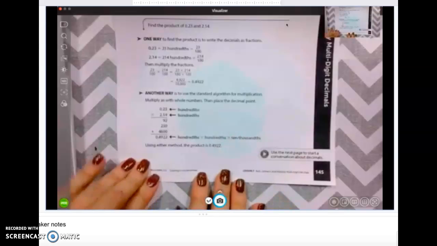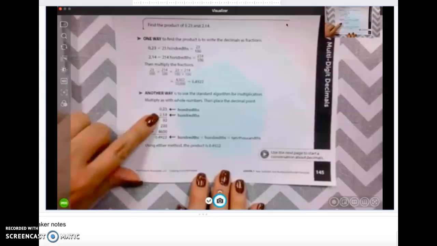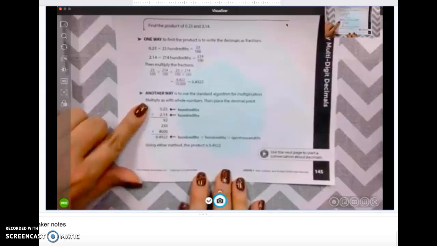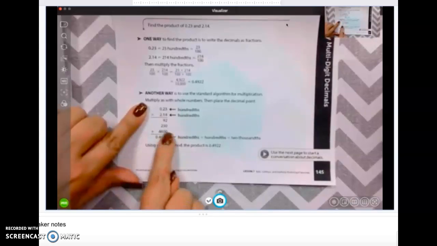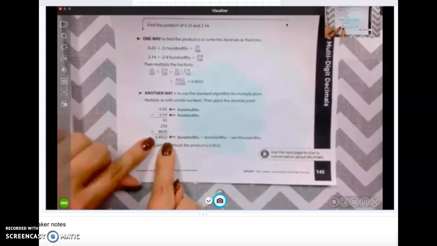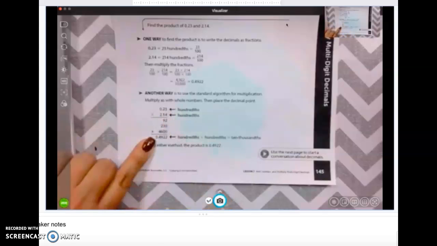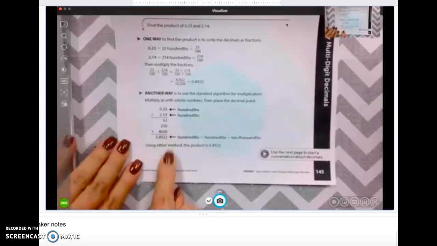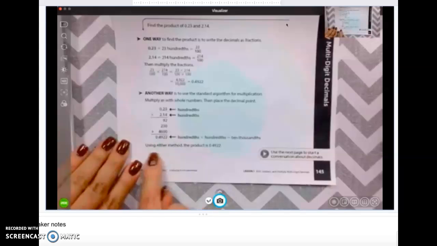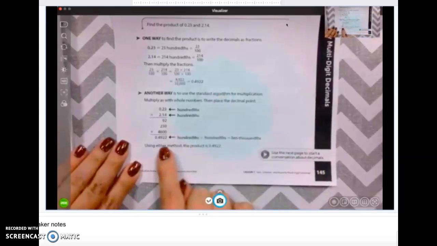So just like we did with whole numbers, I can multiply 23 times 214 and do all my work here, add it together, and then get my answer. And then I notice that there are 4 places behind the decimal point. So I have to make sure that that happens in my final answer. So using either method, you're going to get the same answer.